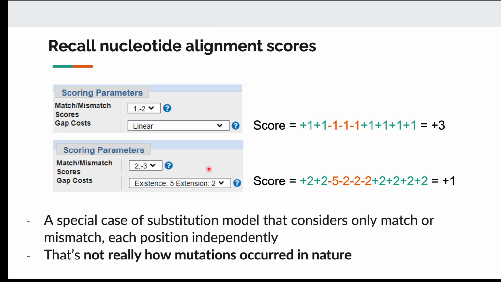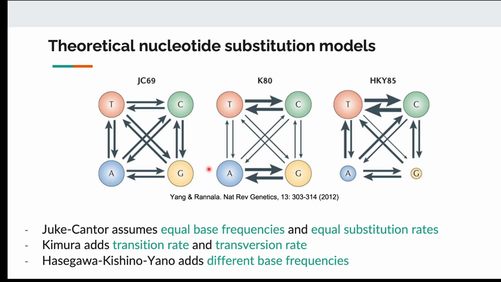But this is not how mutation occurs in nature. Mutation doesn't occur with the same probability for every pair of nucleotides or every pair of amino acids. So people from way back when, you see these numbers, and you're going to see them a lot, like 69, 80, 85.